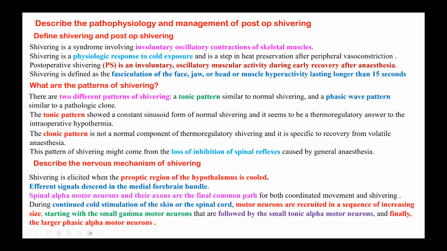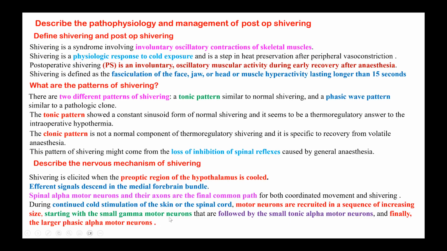And during continued cold stimulation of the skin or the spinal cord, motor neurons are recruited. So not only the normal alpha motor neurons are stimulated, but more neurons which are not normally involved are also recruited in a sequence of increasing size, starting with the small gamma motor neurons, followed by small tonic alpha motor neurons and finally large phasic alpha motor neurons.